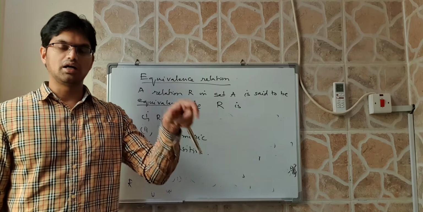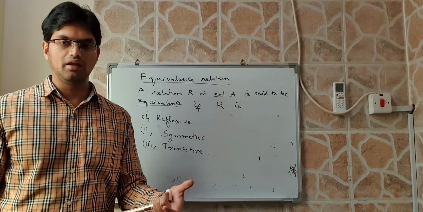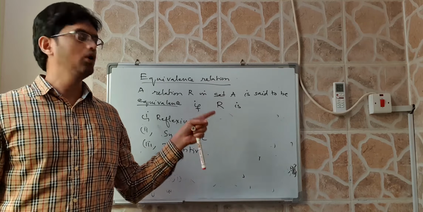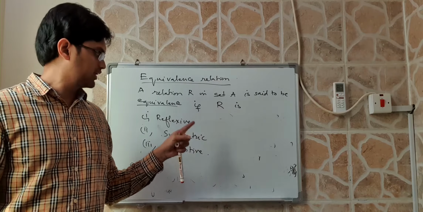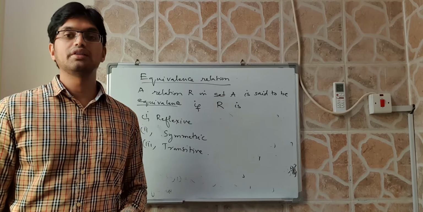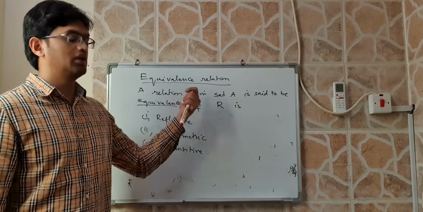If that relation R, a subset of A cross A, satisfies all three conditions, that is reflexive, symmetric and transitive, then we can call it our equivalence relation.